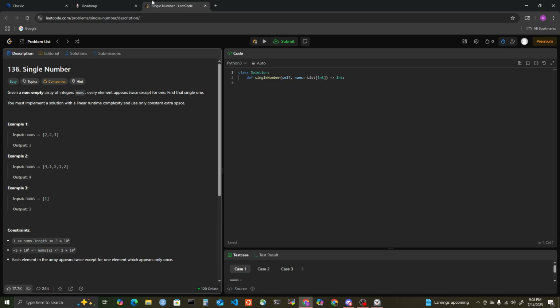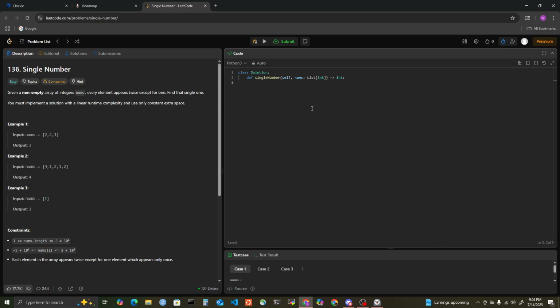Given a non-empty array of integers called nums, every element appears twice except for one. Find that single one. You must implement a solution with linear runtime complexity and use only constant space. Okay, I think I've done this one before. I believe you just do AND, AND, AND, AND, right?